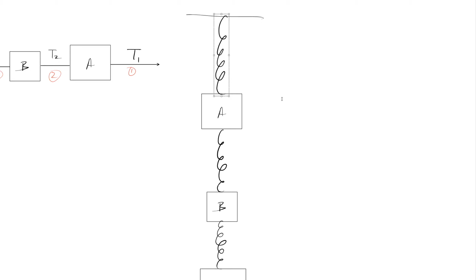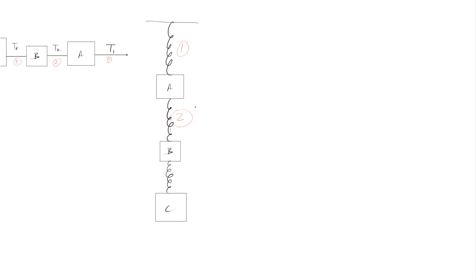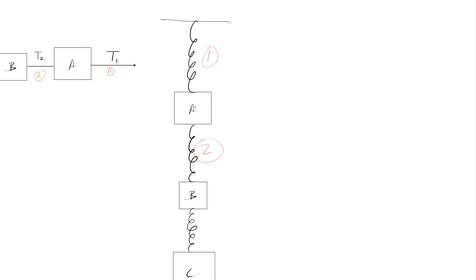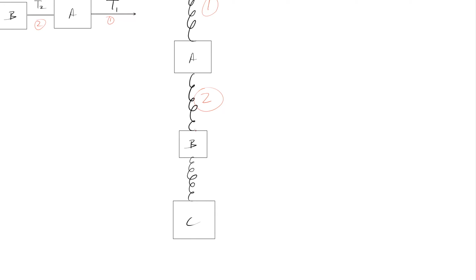From this perspective, the first one is under the greatest tension because the first spring has to support A, B, and C combined. The second spring, although not under the same amount of tension as the first one, has to support the mass of B and C. Not as much as A, but still it has to support the remaining two masses.